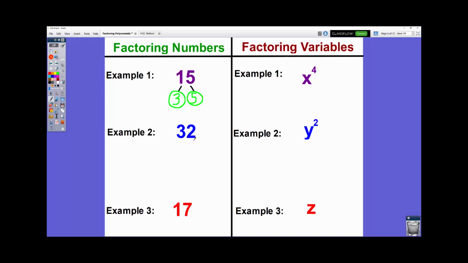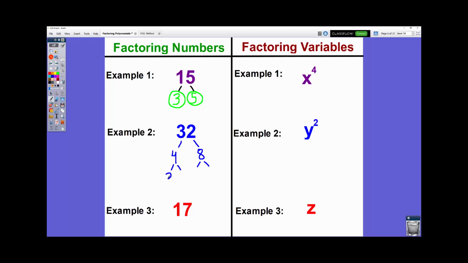We've all done this before, though for some of us it may have been a while. So let's do another one. 32. I need two numbers that multiply together to make 32. What comes to mind immediately is 4 and 8. Neither of these are prime numbers, so we will factor them a bit further.